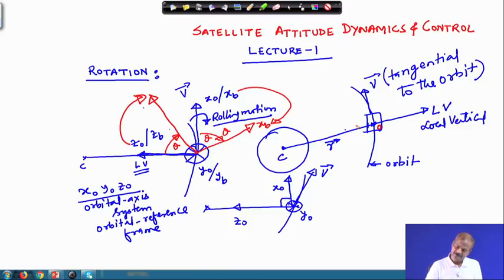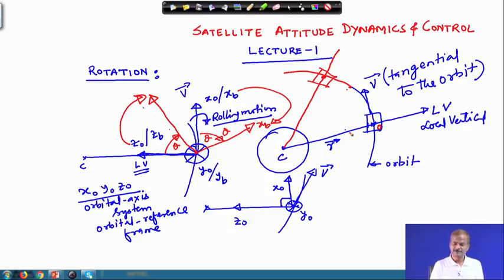Now, what we will see is that as the satellite moves further, it goes from this place to this place. The center of mass is located here, and a radius vector we draw from this place to this place. Obviously, you can see that the satellite orientation has changed.